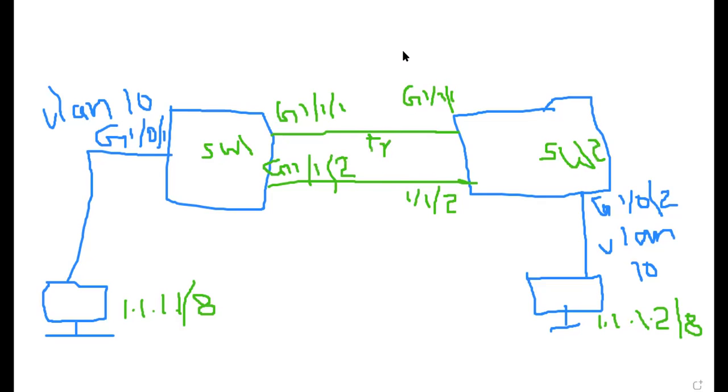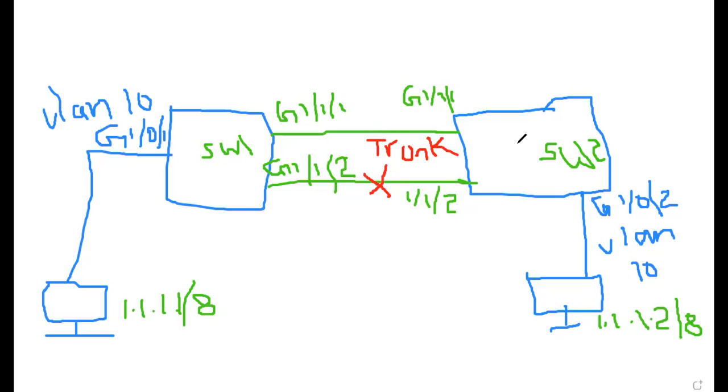Trunk. If I do trunk between them, one of these ports will be up and the other one will be blocked due to STP calculation.